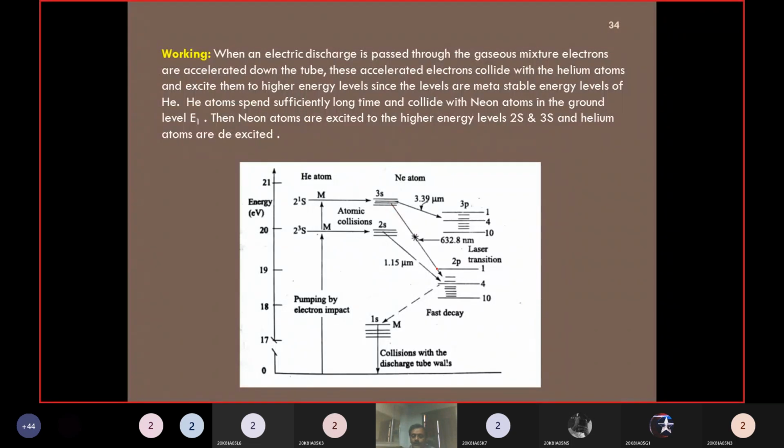That's why lasing action takes place between 3s and 2p. Similarly, 2s to 2p also lasing action will take place.